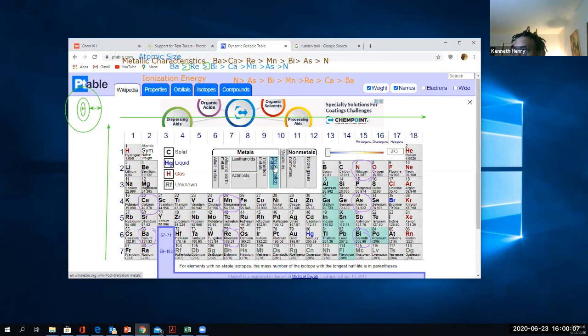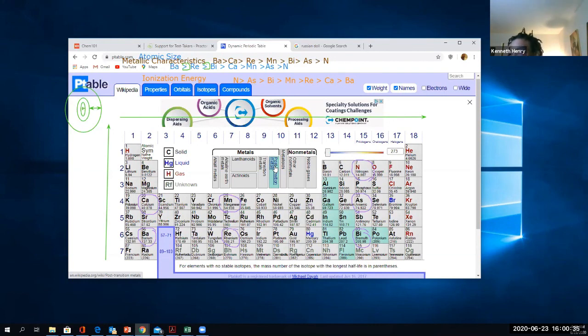Periods 4 and 3 both go out to group 13. That helps us understand that as we go down, we're getting more and more metallic characteristics, and it also seems to go out a little bit further. So you're getting things in that other realm that are metallic as a result of the fact that they're getting bigger.